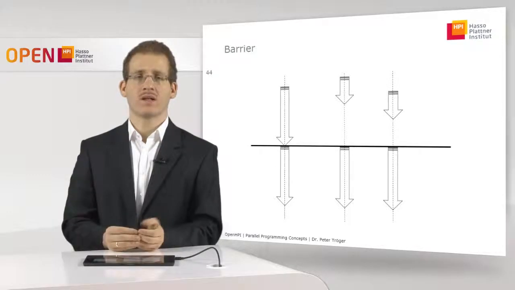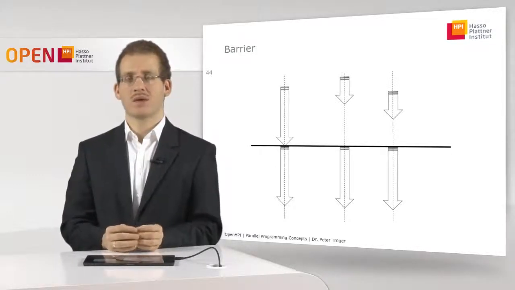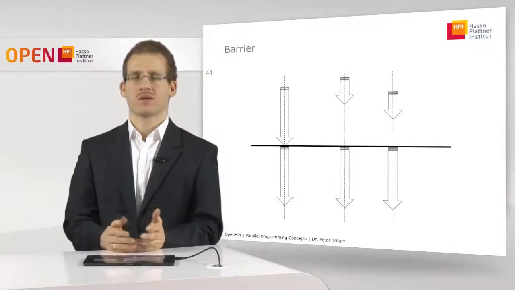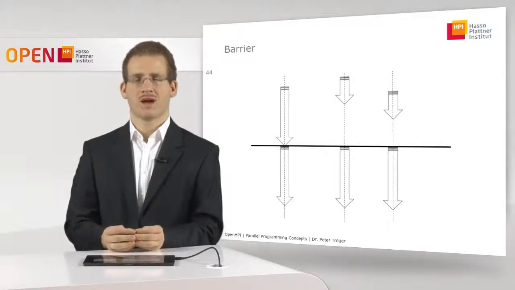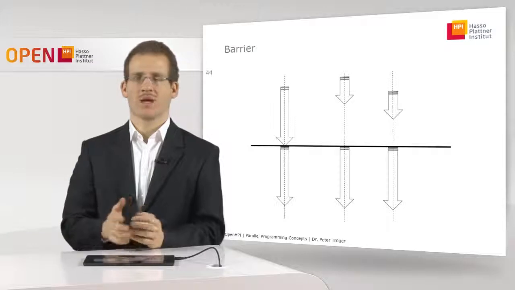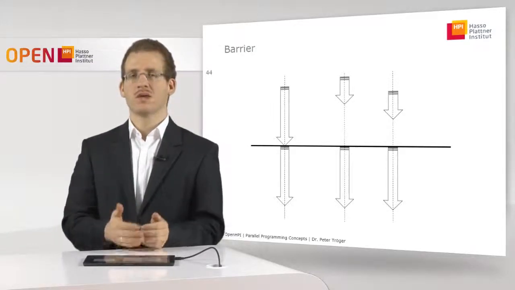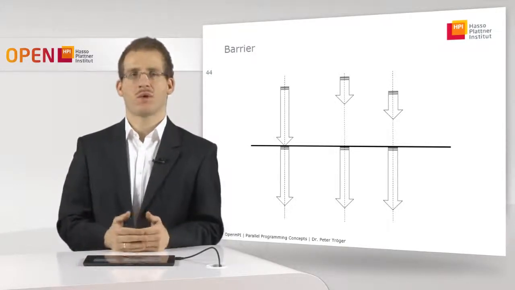And he is now waiting until the other tasks also end up at the barrier instruction, and from there all of them continue. Barriers are typically implemented by shared variables, so you have a shared barrier variable and all of the tasks call some kind of wait or block function in the execution, and this function only returns if all of the participants made their call to the barrier block function.